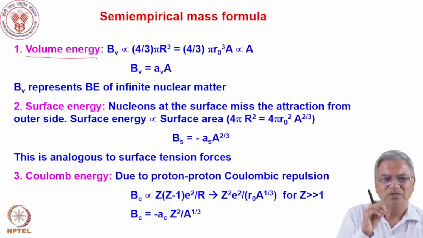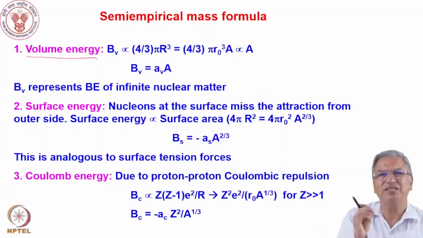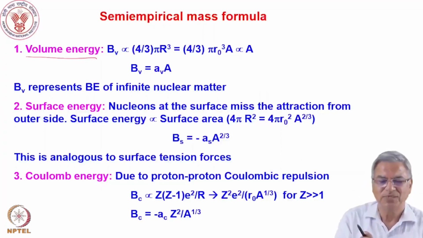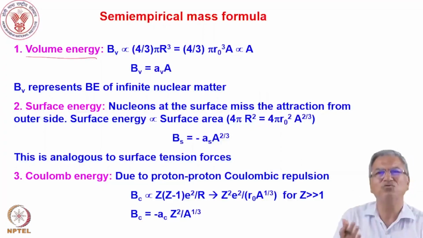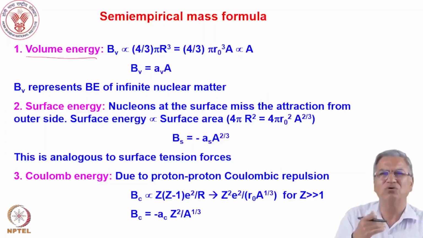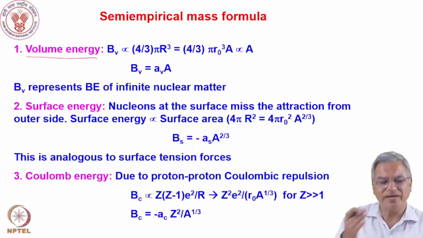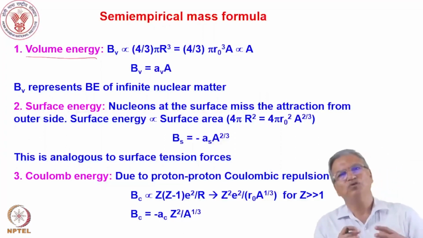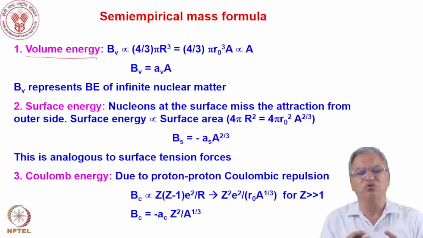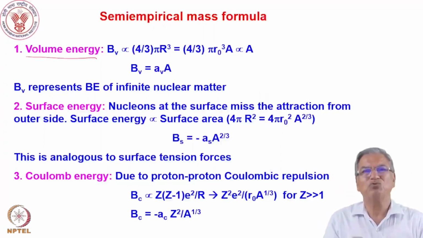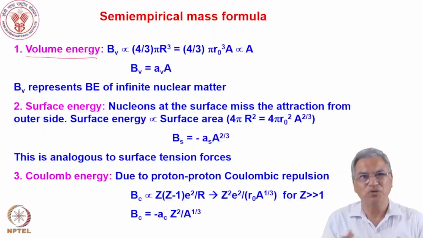So the volume and mass are related through the density, and the density of nuclear matter is constant. If you take infinite nuclear matter, we know that the nucleons interact with the other nucleons. Then for the infinite matter, if you take n nucleons, the binding energy is proportional to n, because we know that the average binding energy is constant.